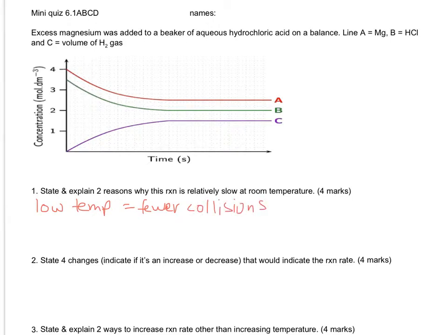Another common one that some groups hinted at but didn't really explain very adequately is that this reaction probably has a high activation energy, or at least an activation energy quite a bit in excess of 25 degrees. So not many molecules are going to reach that.